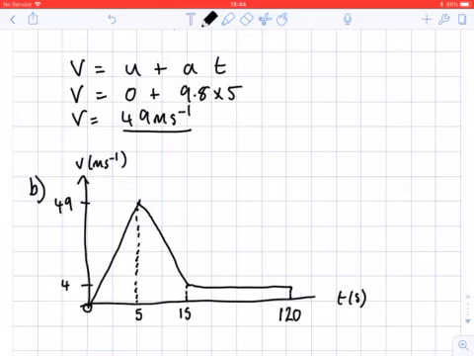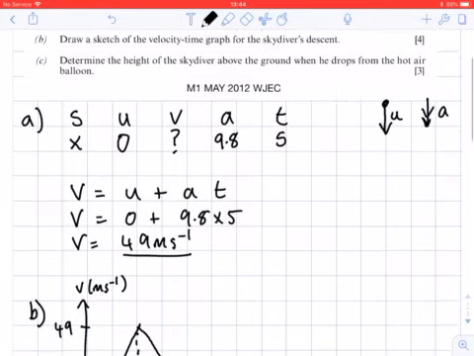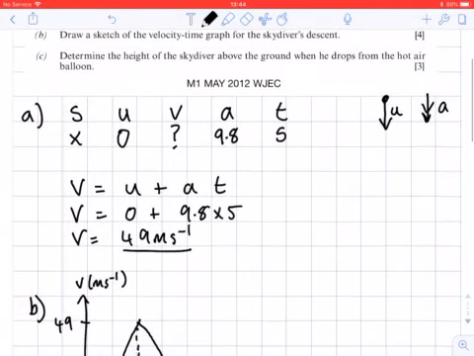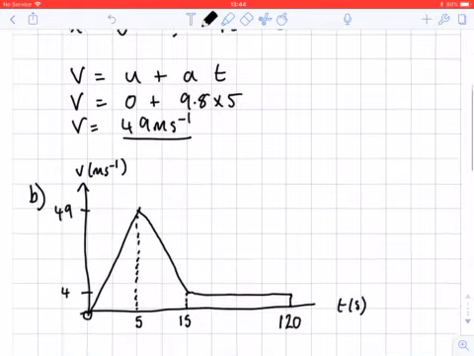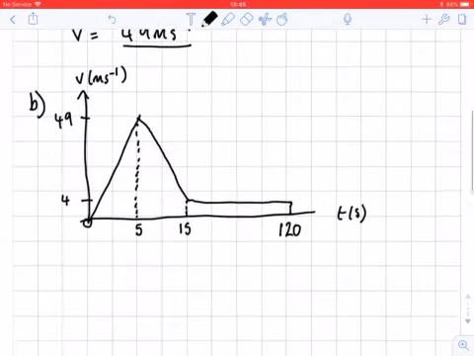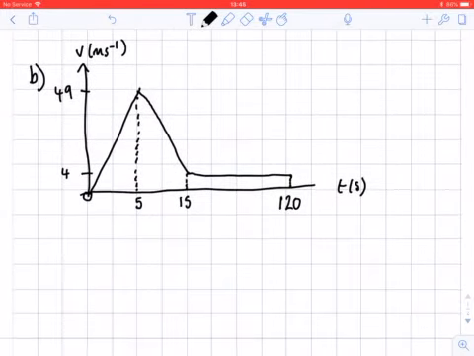And that's all we can do for our velocity time graph. Obviously, use a ruler to get straight lines, but you don't have to be too accurate. So part C then says, determine the height of the skydiver above the ground when he drops from the hot air balloon. Now we've discussed this before in our derivation in videos 1 and 2. Area under the graph is distance travelled.